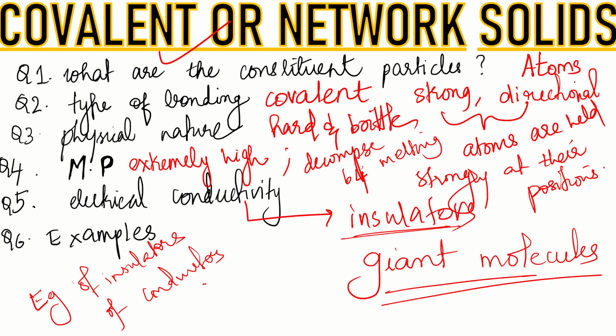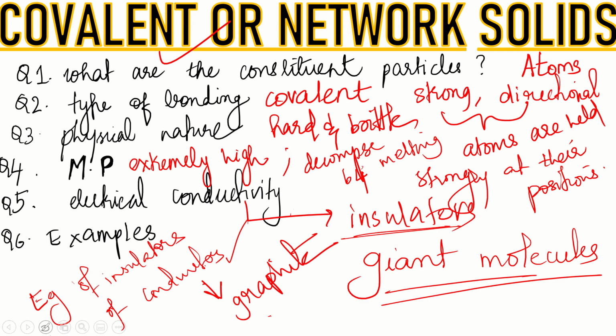But there is an exception for one here. Graphite is the only covalent solid which is a conductor. So when you study this, you have to include graphite under the examples of conductors, only graphite.